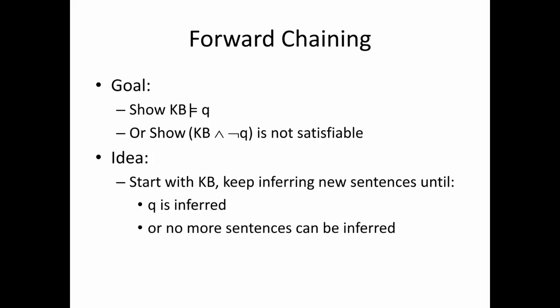We start with the knowledge base, or the sentences comprising the knowledge base, and we keep inferring new sentences using the logical inference until Q is inferred or nothing else can be inferred. So if Q is eventually inferred, then we've successfully shown that the knowledge base entails Q. But in the second case, we would have shown that the knowledge base does not entail Q.